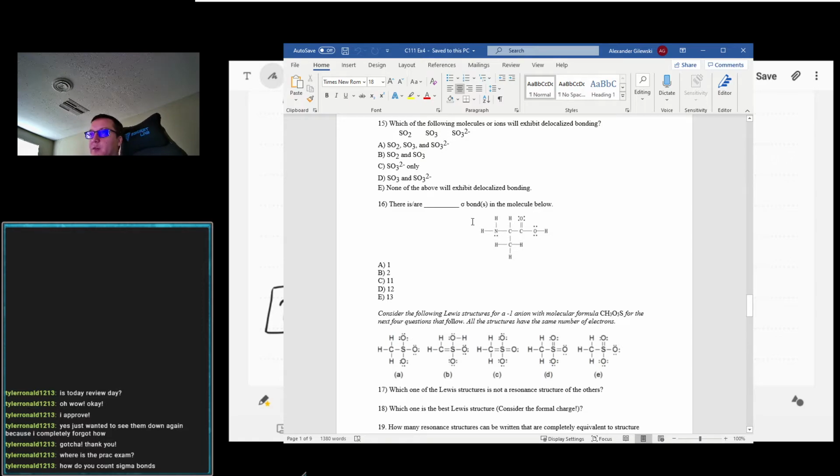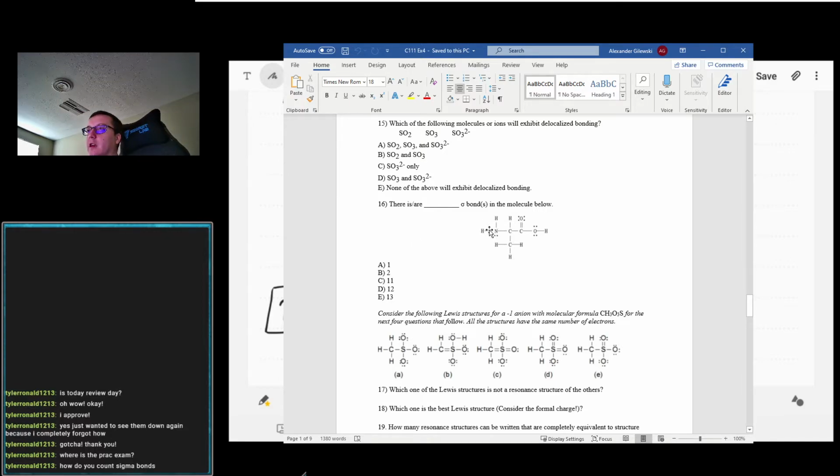For counting sigma bonds, remember that a single bond between two atoms is always a sigma bond. A double bond is 1 sigma and 1 pi. And a triple bond is 1 sigma and 2 pi bonds. So we're really just looking at how many single bonds there are. And looks like we do have one double bond. We know that one of those in the double bond is going to be sigma.